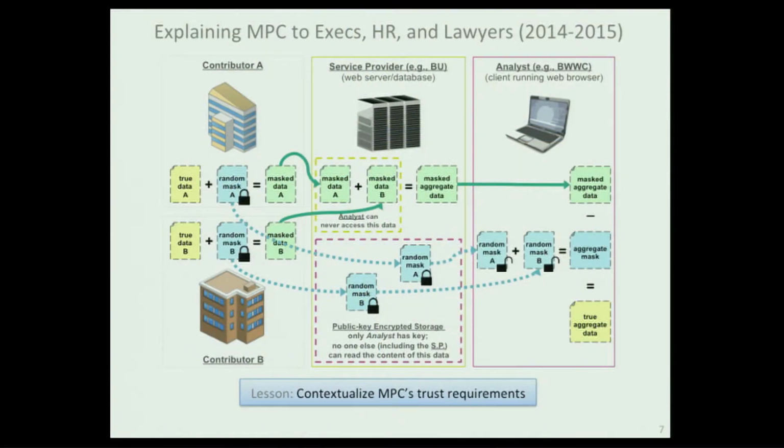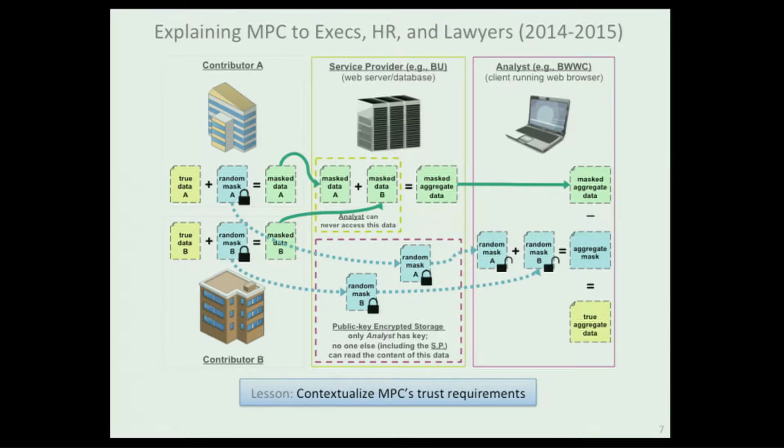Going back to my last piece, another thing about this slide is that we show 2 out of 2 secret sharing between 2 participants, one that is a server at Boston University and another that is an analyst at the Boston Women's Workforce Council. The intent of this system is that only the Boston Women's Workforce Council receives the output.